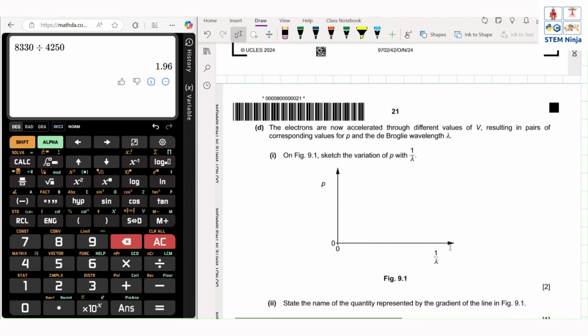Okay, so the electrons are now accelerated to different values of V, resulting in pairs of corresponding values for P and the de Broglie wavelength, 1 over lambda. On figure 9.1, sketch the variation of P with 1 over lambda.